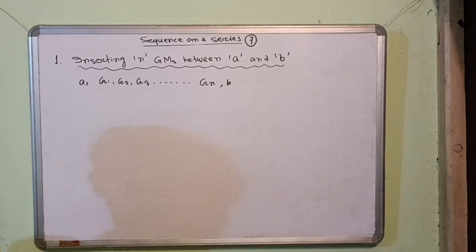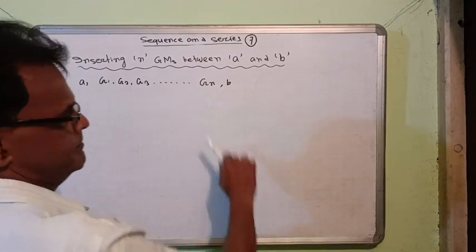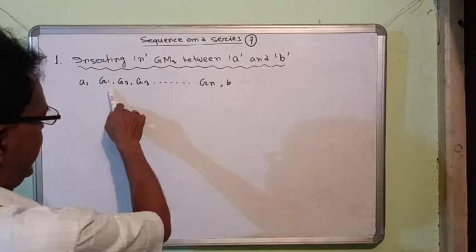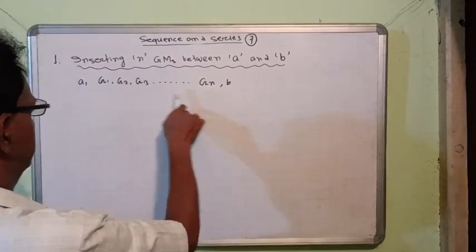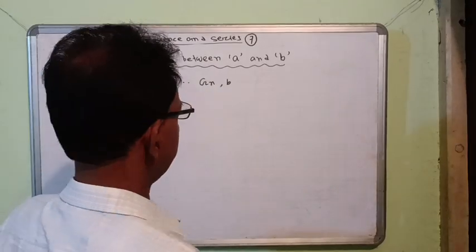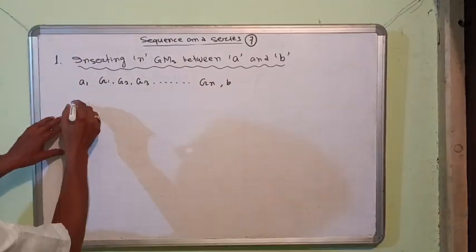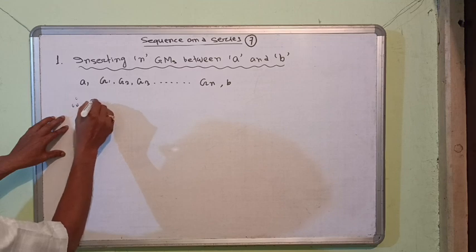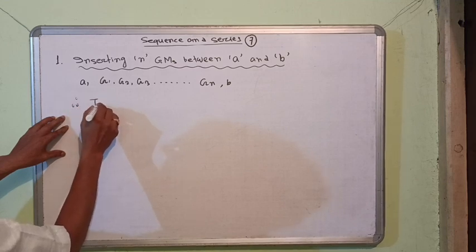That means this is in GP. So there are n GMs, therefore n plus 1, therefore B is the n plus 2th term. Therefore we get T(n+2).